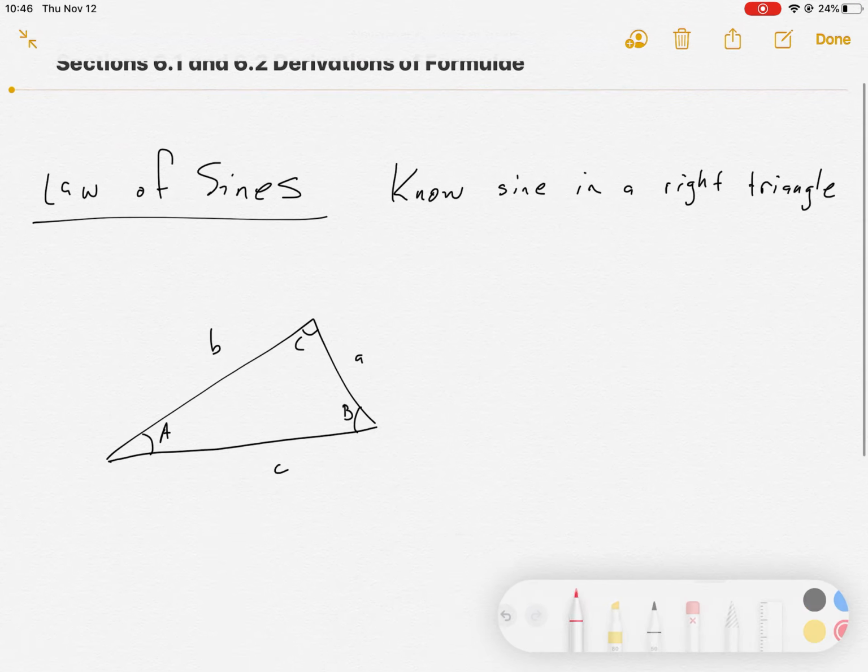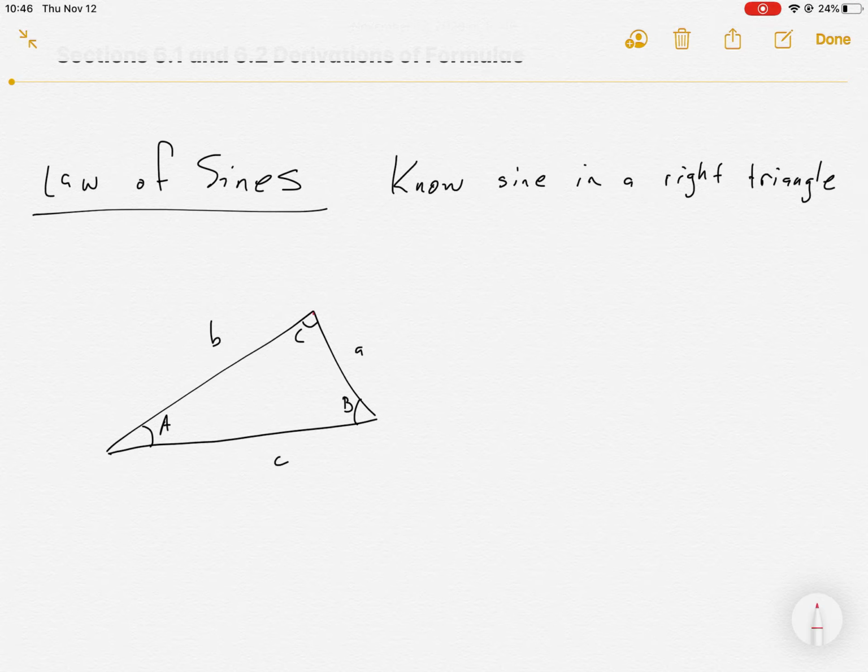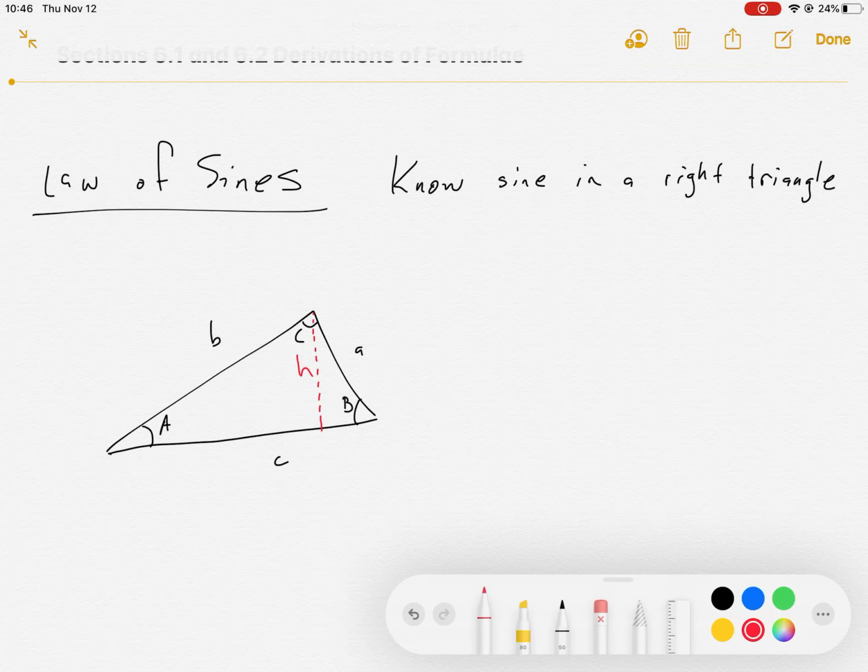The way we do that is we're going to drop what's called an altitude from the point there. This would be the height if we were thinking about the formula for the area of a triangle, half base times height. But I'm just going to go ahead and put that in there.